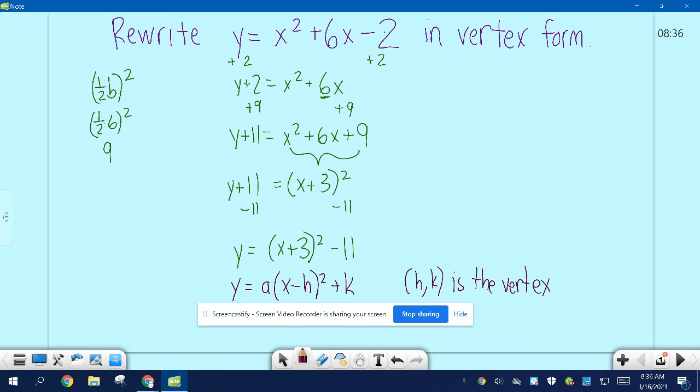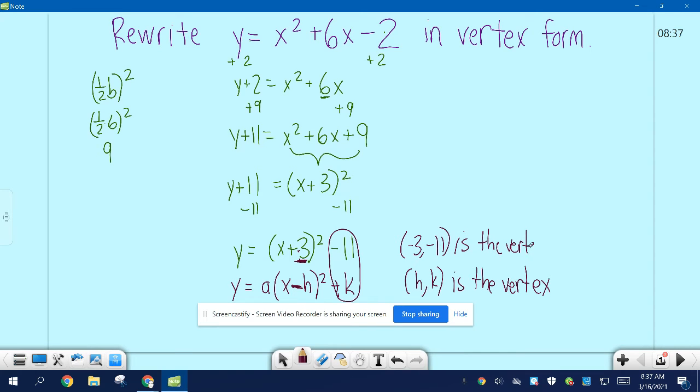So the vertex of this equation is -3, -11. This number here is the y coordinate of your vertex. And this number here is the x coordinate, but it's opposite, right? Because there's a minus sign here. So we need to take whatever's written here and make it opposite so that that negative gets factored in, right? So -3, -11 is the vertex for this problem.